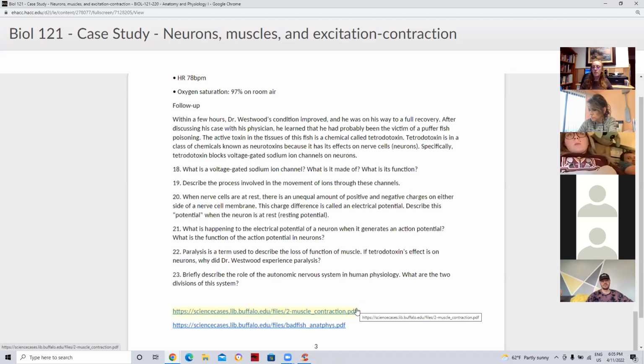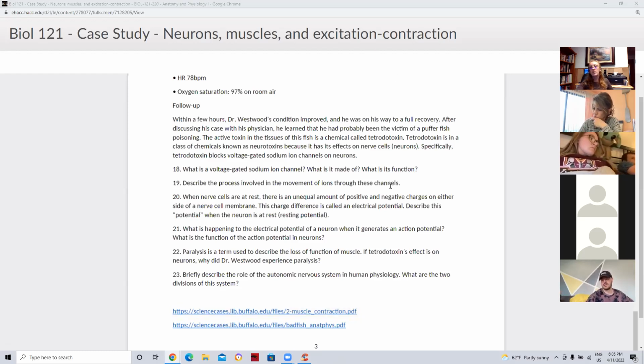How do most things move? Maybe diffusion? Yep, diffusion. Is it simple diffusion or facilitated diffusion, if it's going through a channel? It's facilitated, you're right. So that's the answer for that question. That's why I'm saying you need to go back and look at some of the other things, and this will make a lot of sense.